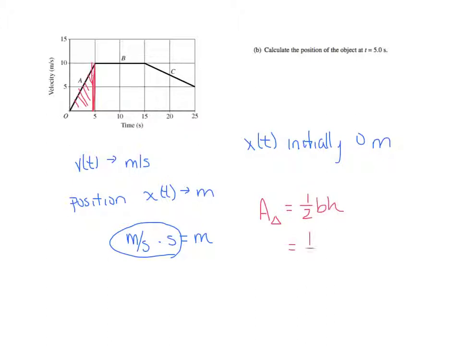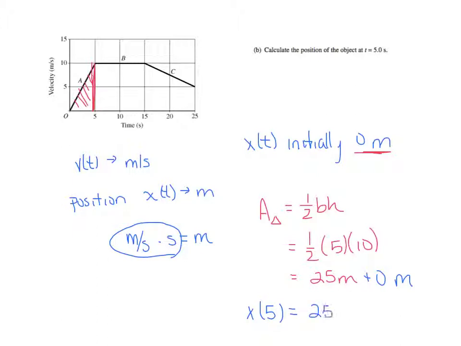So the area here would be 1/2 times 5 times 10, which would be 25 meters. And if there were an initial position, we would add it in. Here it's really plus 0 meters. So our position at 5 seconds is 25 meters.